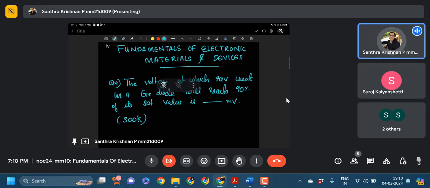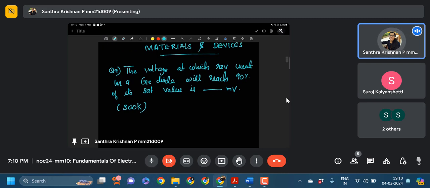So the question here is, what is the voltage at which the reverse saturation current will reach 90 percentage of its saturation value? If you remember in last week's assignment, we have solved something for J0 and J, right? That is current density when you are talking in terms of J0 and J. Suppose we are considering the same equation per unit area, you can convert that into current value.